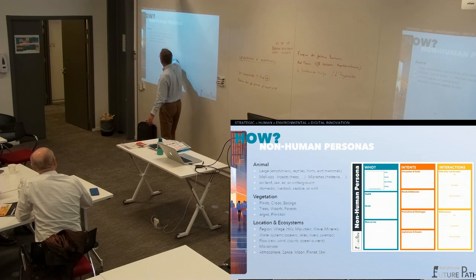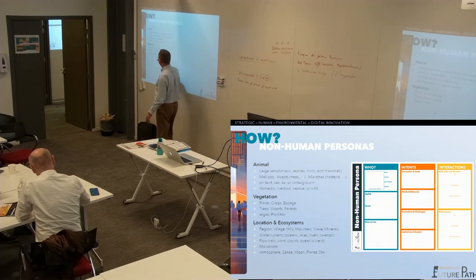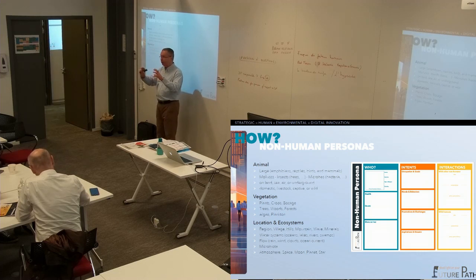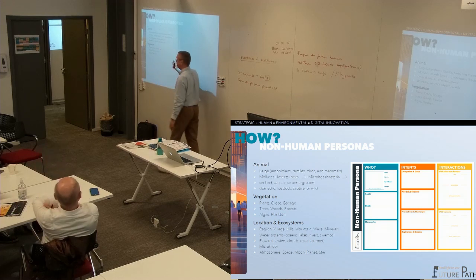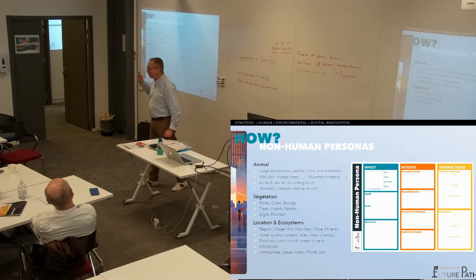We have vegetation: plants, crops, algae, plankton. Plankton is very diffuse. It's not a single individual. Plankton is essential, as far as I've heard, for everything that lives in the sea.